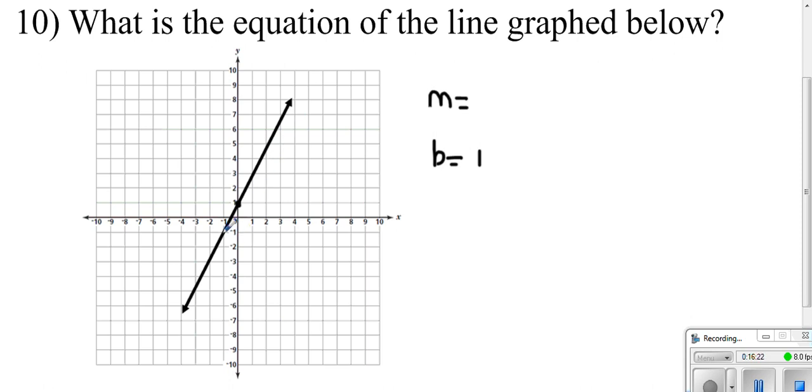So you pick 2 points that are good whole number points, which the y-intercept is 1, and this is another. You make your triangle like that. So you count 1, 2, and the rise is positive 2 because you're going up. And then you count 1 over to the right, and the run is 1. So the slope is rise over run.